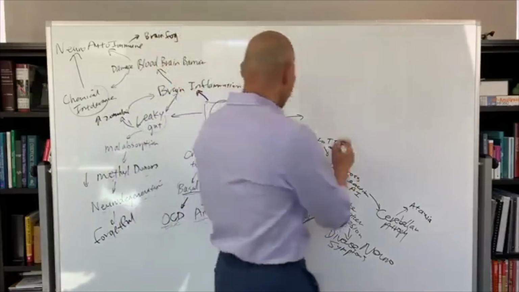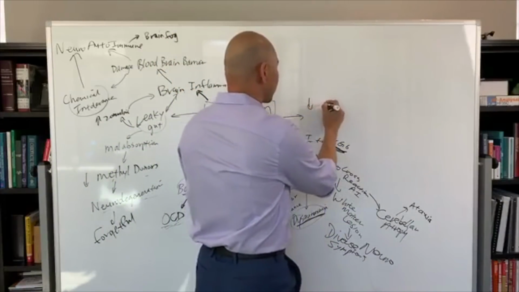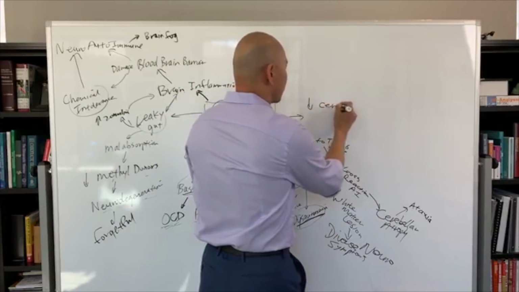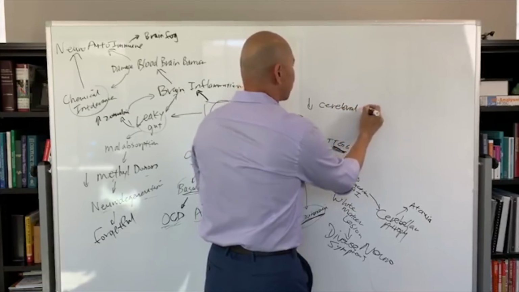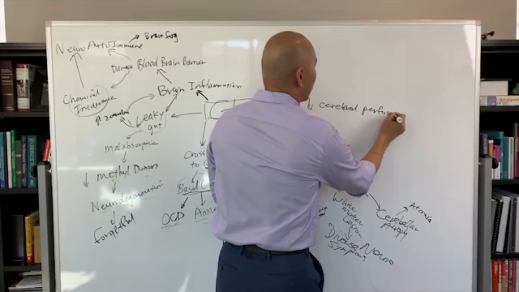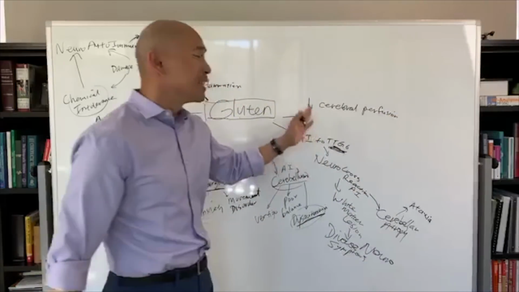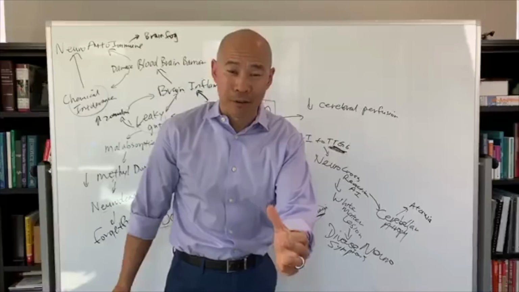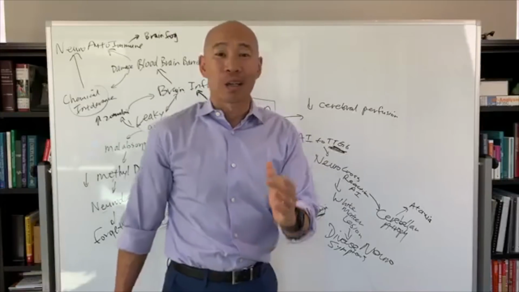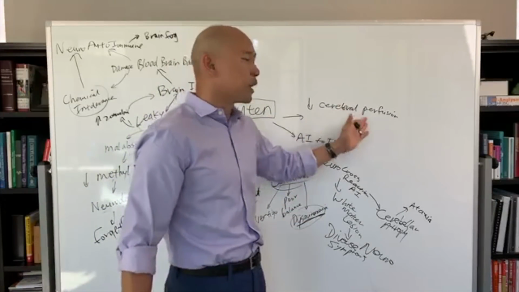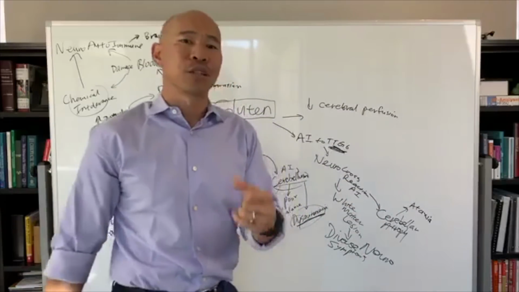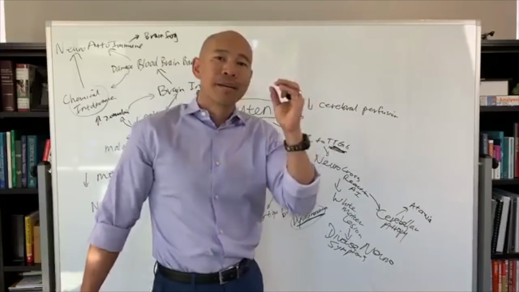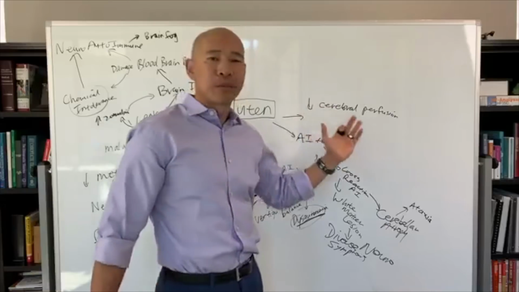Now, another thing that gluten can cause is decreased cerebral, that means brain, perfusion. That means gluten is known to decrease blood flow to your brain, folks. Did you hear that? Gluten is known to decrease blood flow in the brain. They've done this through functional MRI studies. Why is that important?